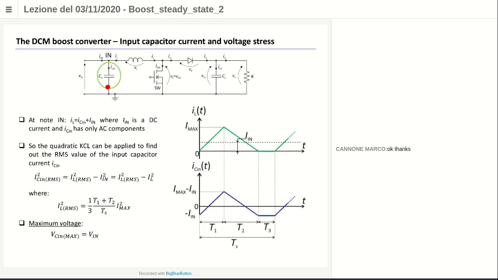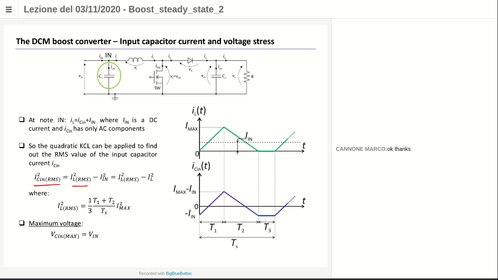For the input capacitance Cin, the same happens as before. It is the inductor current minus its average value, which is Iin. So it's this totally AC current from here. How can you compute the root mean square current here? Again, quadratic Kirchhoff current law. IC in root mean square value is the IL root mean square value square minus the Iin square value.